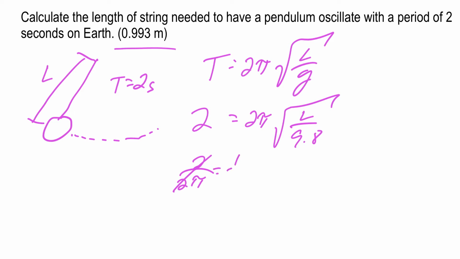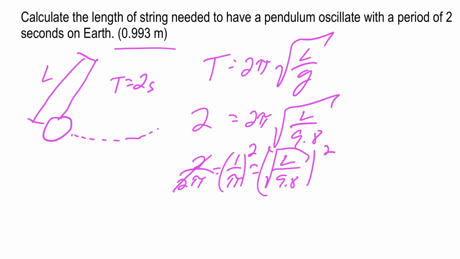Okay, so that gives us 1 over pi equals square root of L over 9.8. And then we'll just go ahead and square both sides, right? Square this. So we get 1 over pi squared equals L over 9.8, or L equals 9.8 divided by pi squared.